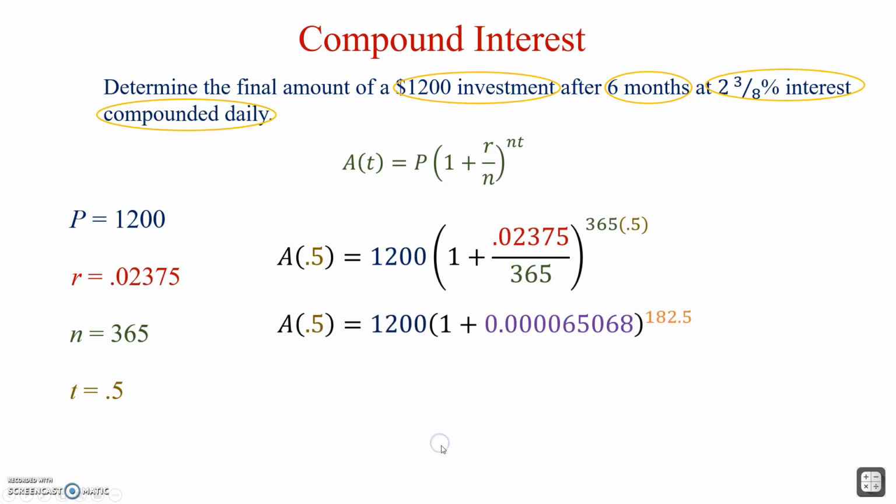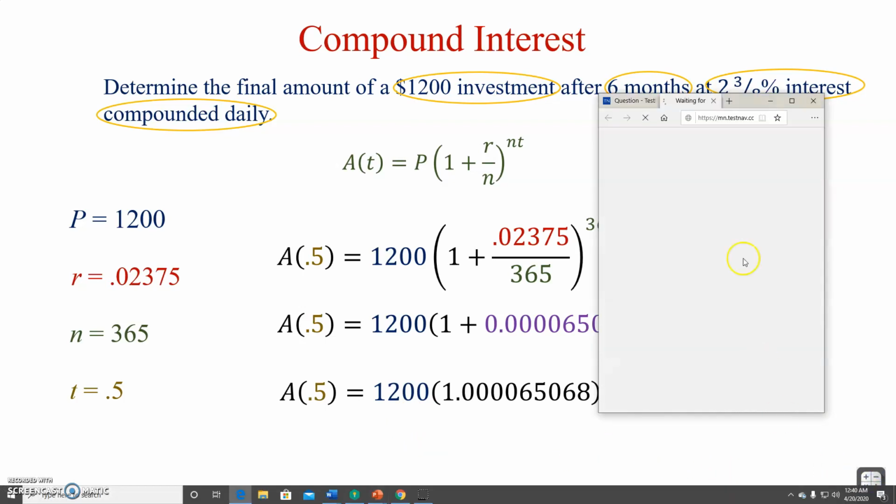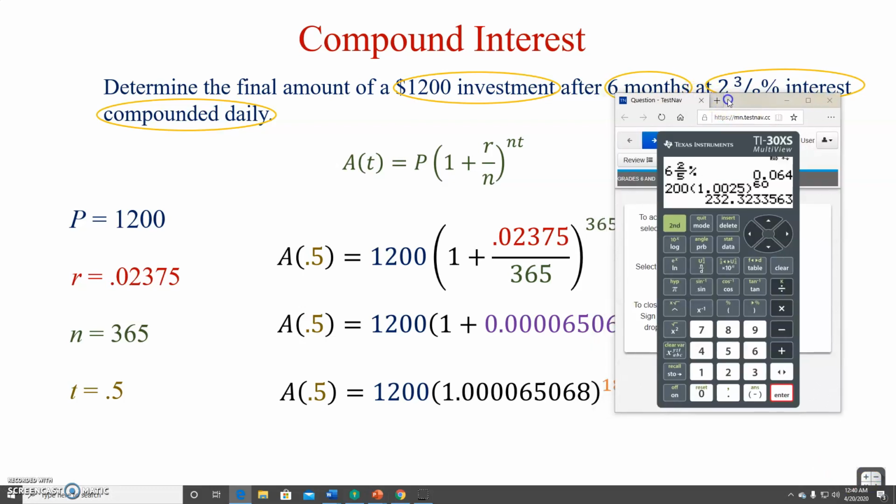Again, I can work out certain parts of it. If I divide this, I get that. If I multiply this, I get that. And again, all of this could have been typed straight into the calculator. So what I'm going to do this time, to demonstrate, is type in the original problem.